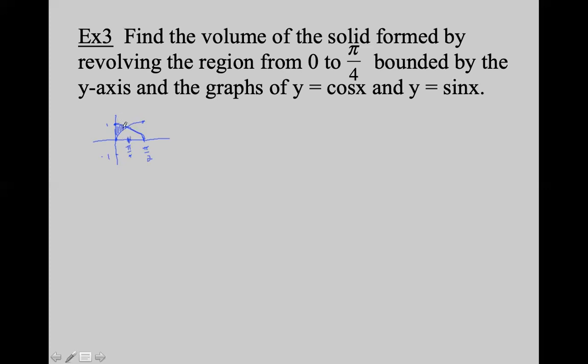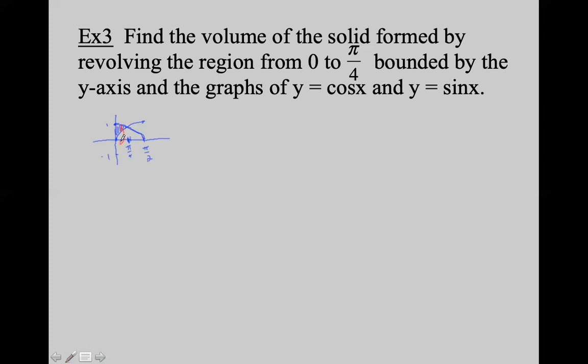So again, there's going to be a gap here between the shape and our axis of revolution. This is our shape here, a representative rectangle, and we're bringing that all the way down here. So if you notice there's a hole, there's a gap. So that's going to create that disc shape or that donut shape. All right, so let's talk about what big R and little r are.